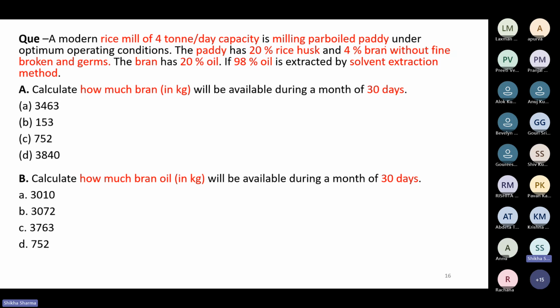The bran has 20% oil, and 98% of the oil is extracted by the solvent extraction method. How much bran in kg will be available during a month of 30 days, and how much bran oil in kg is available in that period? So we need to calculate the bran and bran oil amounts.